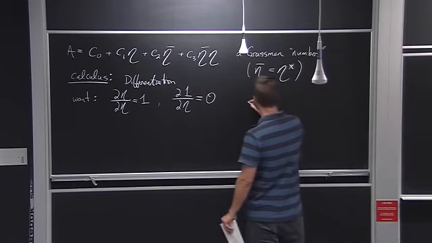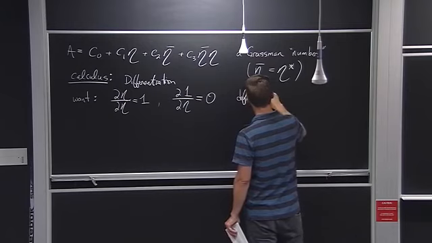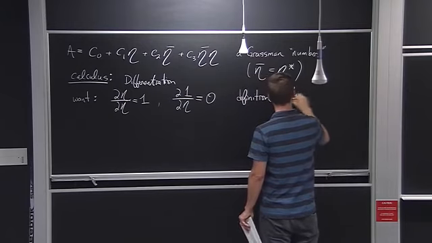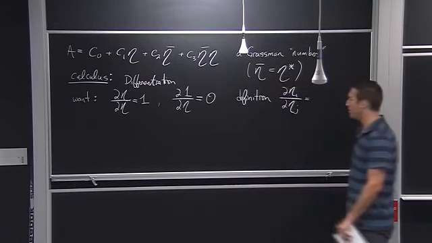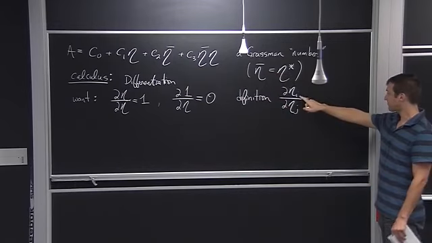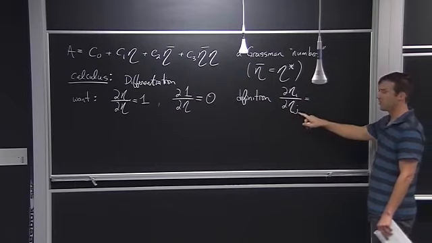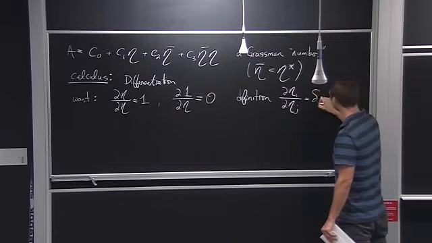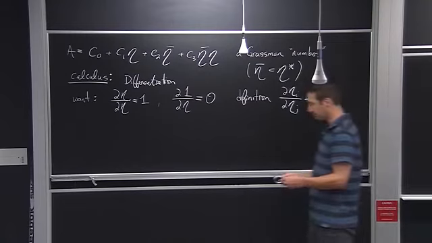And so the definition is basically the partial derivative of a Grassmann generator with respect to the generator for any other particle just gives you the delta function.